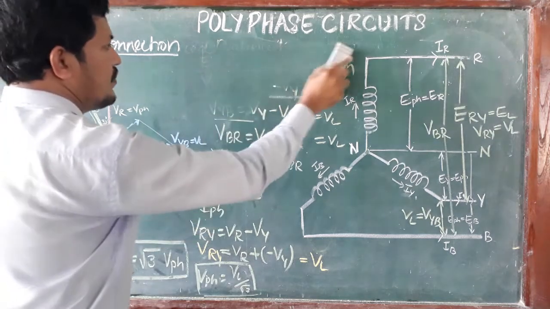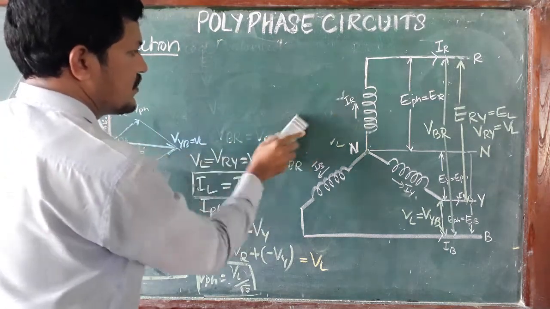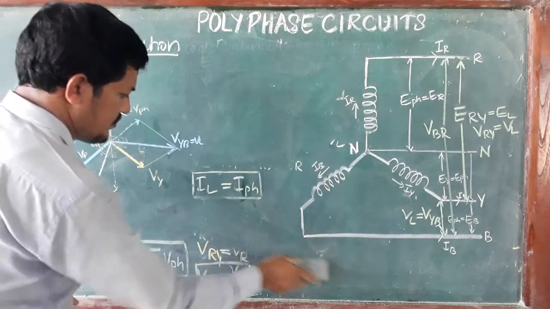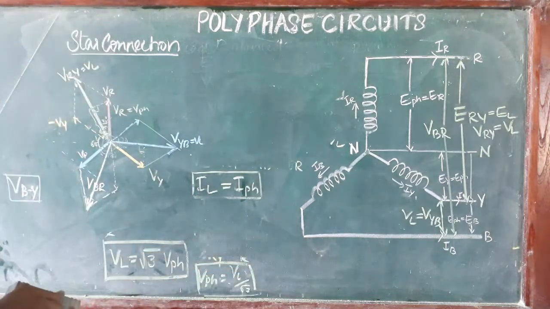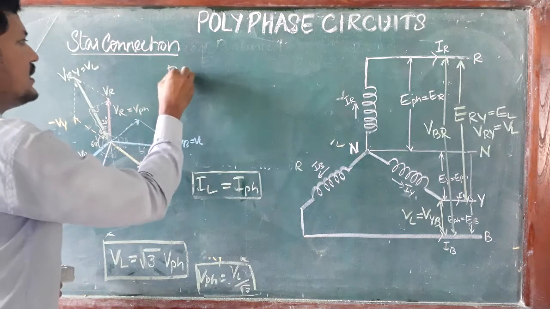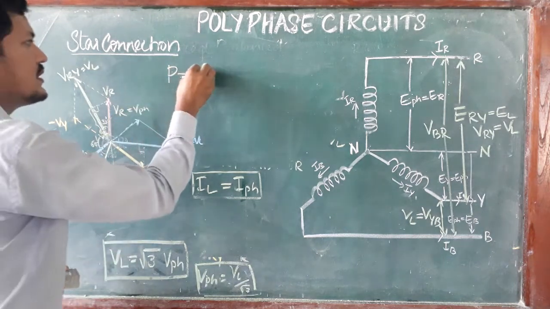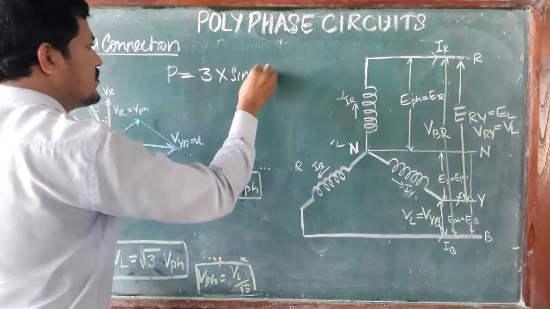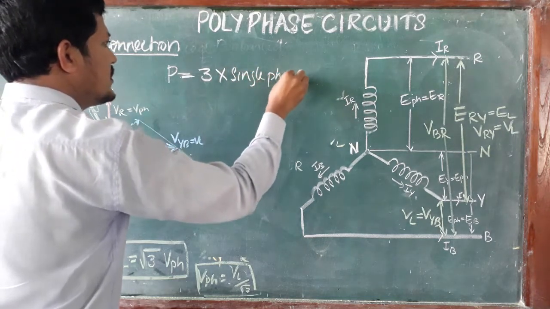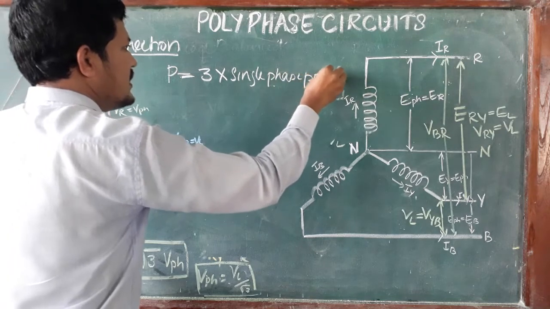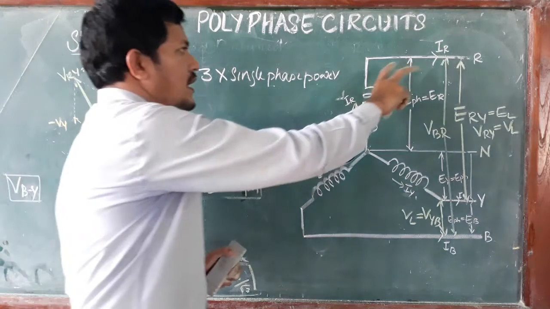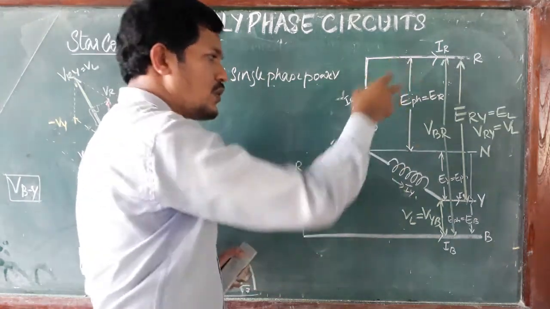We got the relation. So next we are going to find the power. How to find the power in a 3-phase circuit? One easy method to calculate the power in 3-phase is 3 into single phase power, because everything is balanced. Everything is balanced means all the currents and voltages are the same and all the loads are the same.